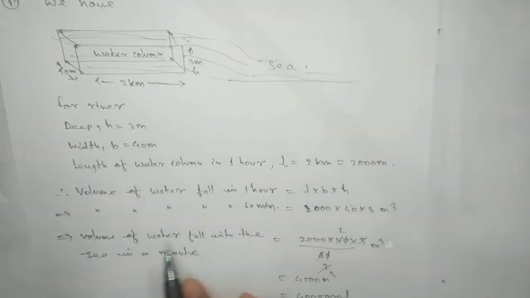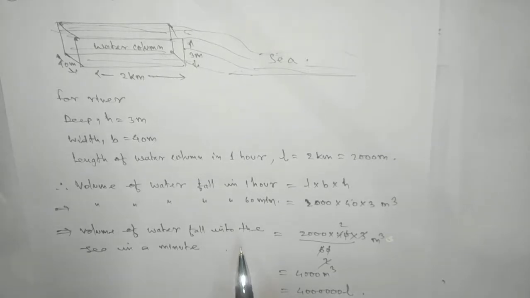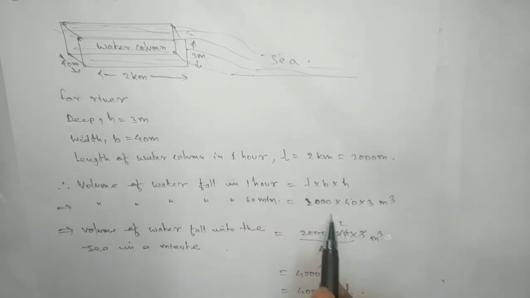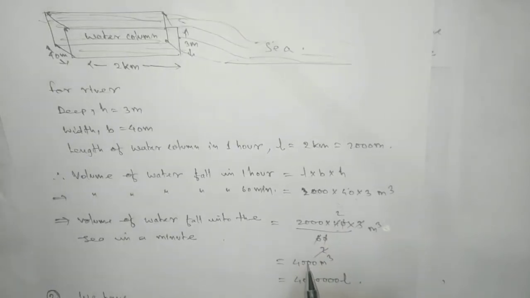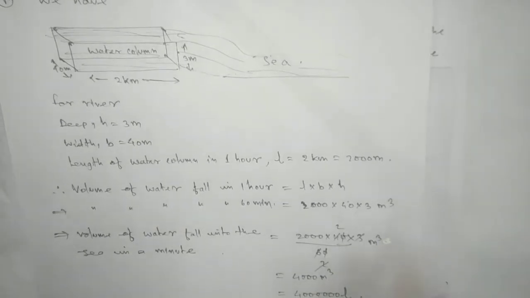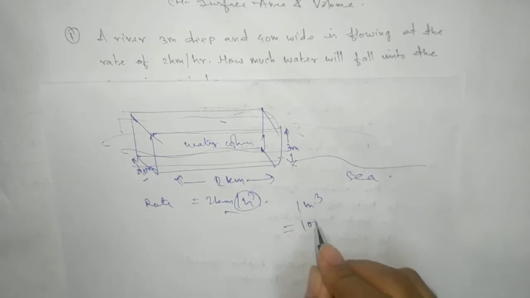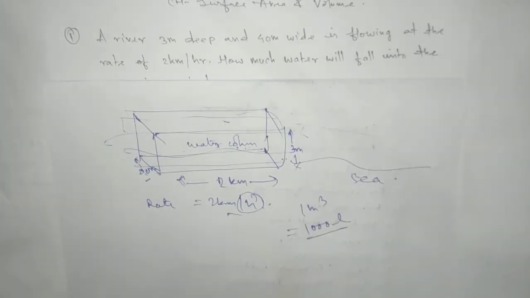Therefore, the volume of water that falls into the sea in a minute is, by the unitary method, 60 minutes this, 1 minute is divided by 60. We get 4000 meter cube. Meter cube means 1 meter cube can be written as 1000 liter, so you multiply by 1000 and get the answer.